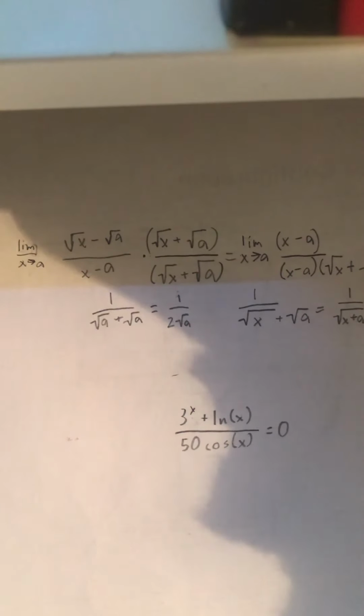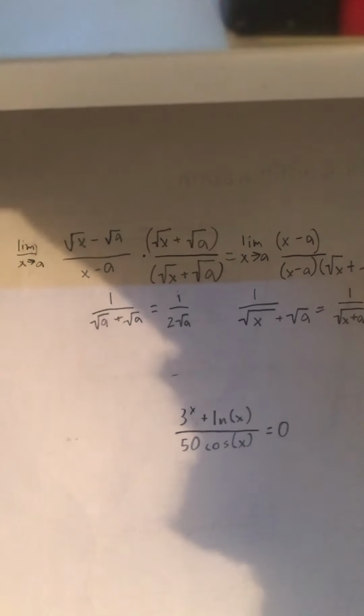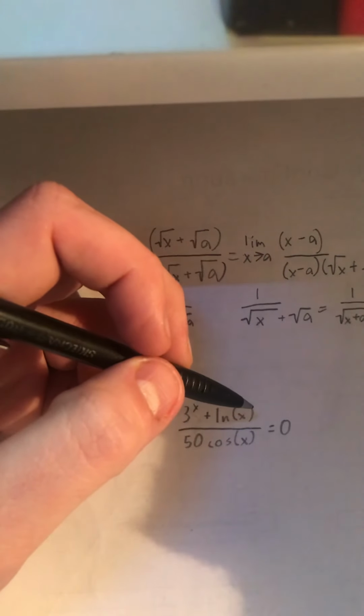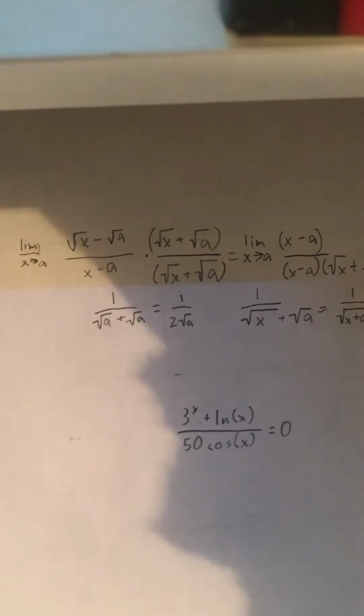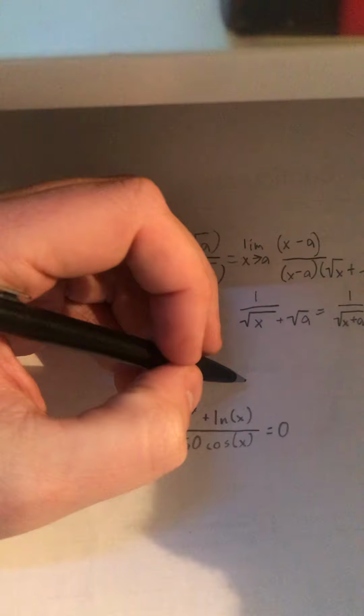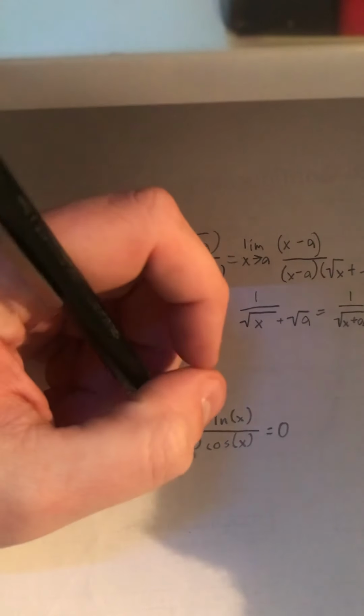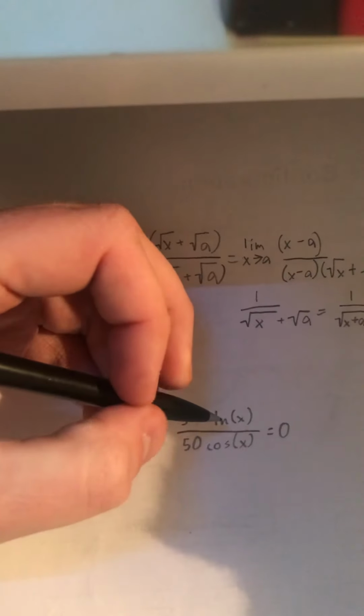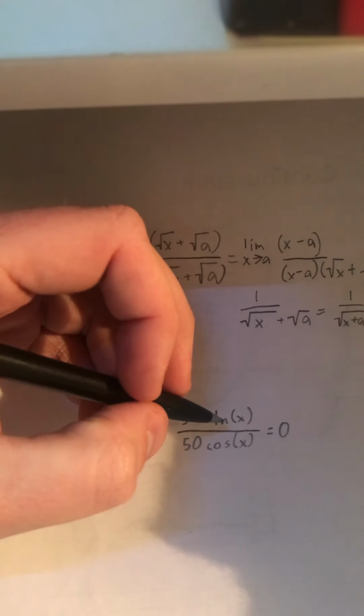Handy dandy Desmos. Natural log of x, graphed. Oh, blowing you down. Natural log of x can be 0, so it comes out to -5. That's nice. Okay, so 50 cosine of x. Interval.